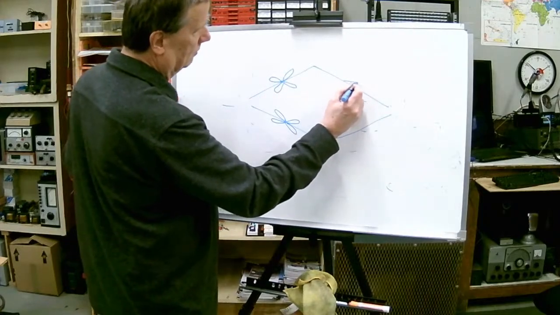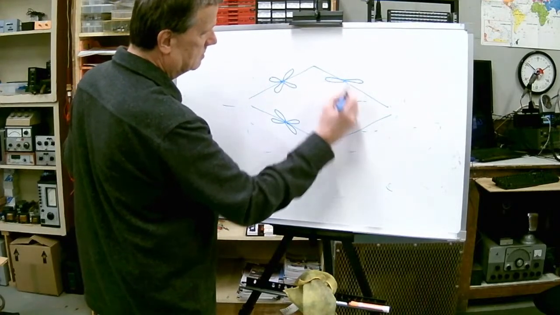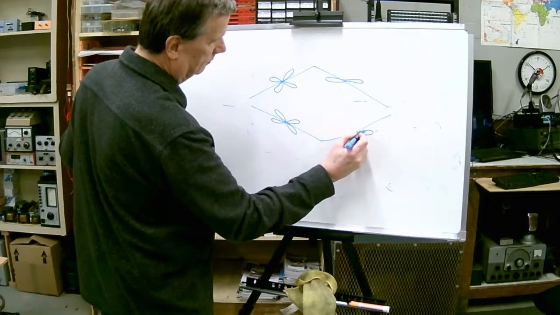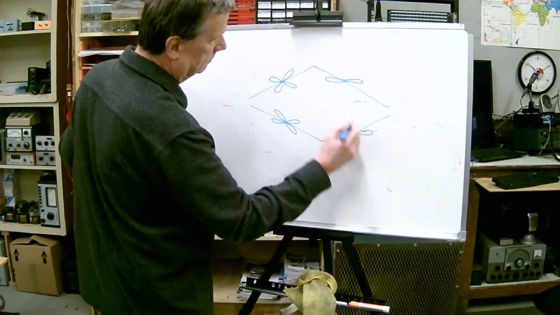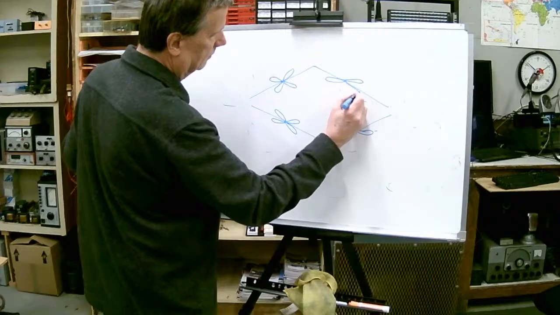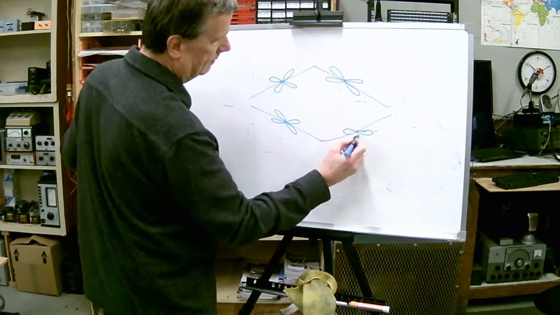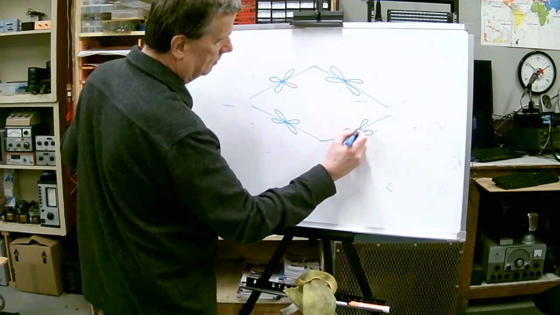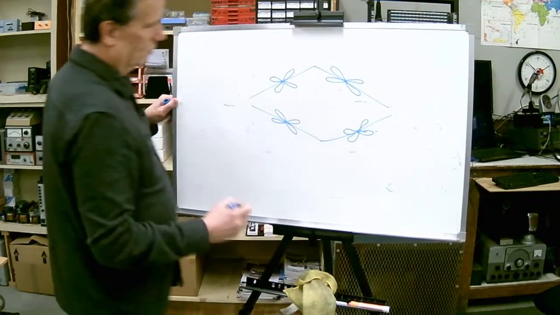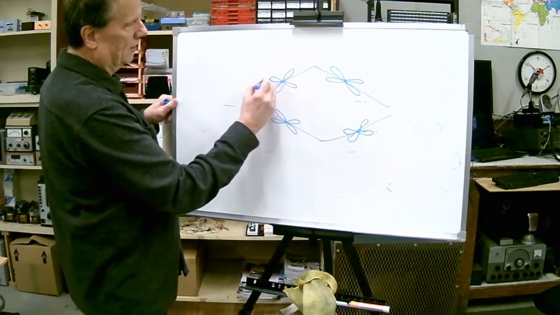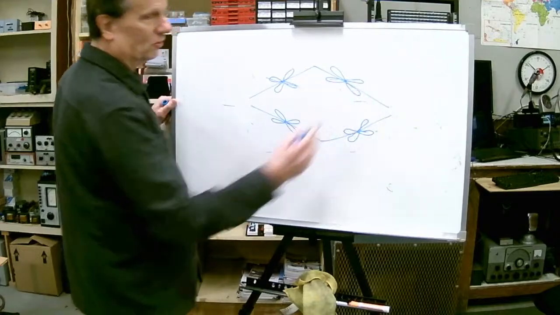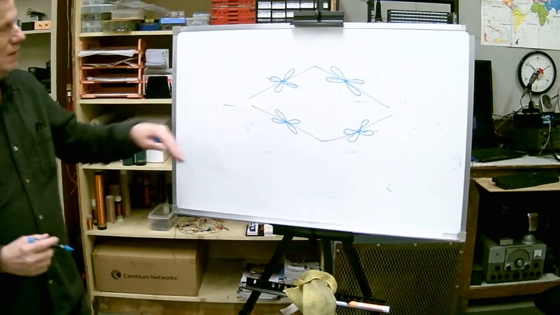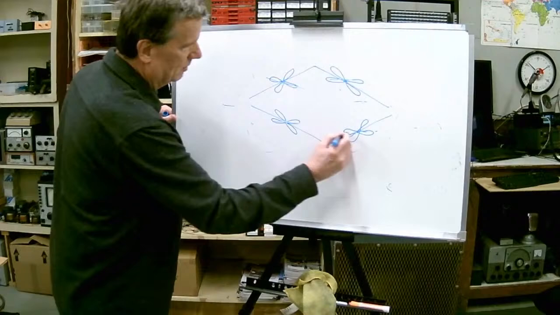And let's do the same thing out here. If we align this right, these ones here are going to be in a straight line, so they're going to reinforce each other. They reinforce, and same thing down here.